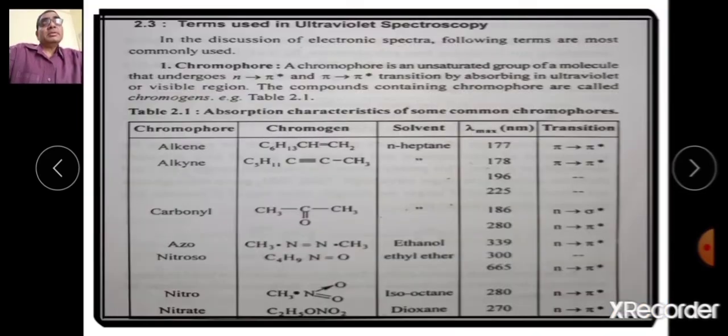The next point is the terms used in ultraviolet spectroscopy. We have seen in the discussion of electronic spectra the terms chromophore and auxochrome. Let us see one by one.